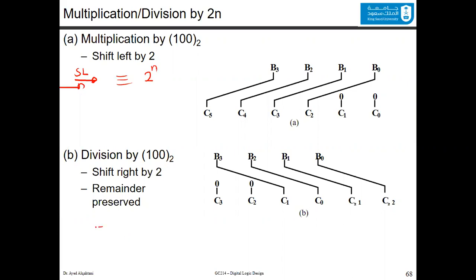Similarly, if you shift a number to the right by n, this is equivalent to dividing the number. Here you are multiplying the number by 2 to the power of n. Here you are dividing the number by 2 to the power of n.